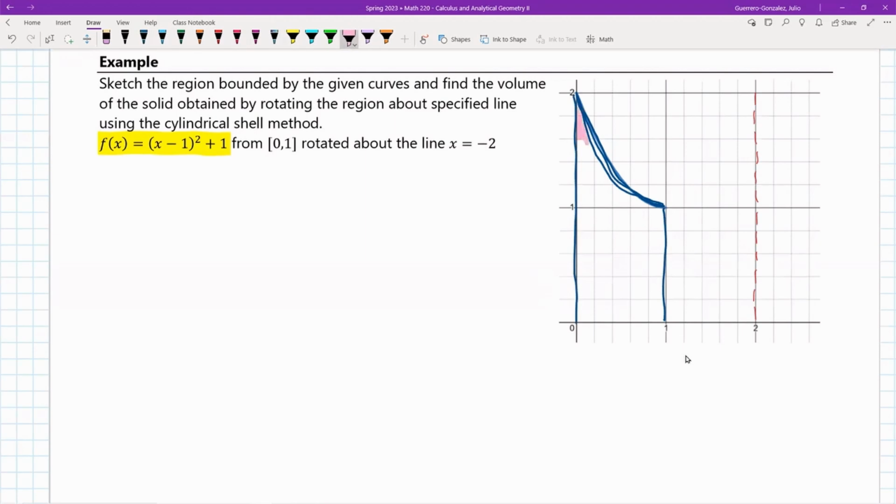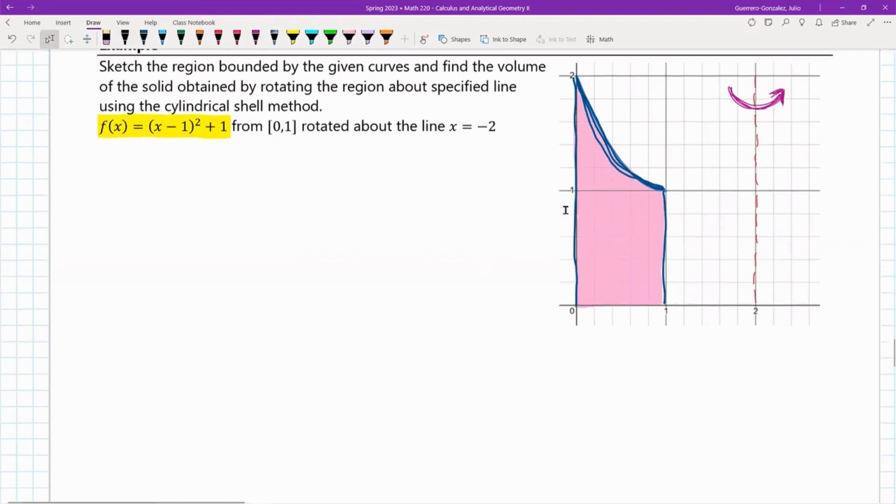This is the region that the problem is talking about. And I want to revolve this region right here about the line, I want to do this. I'm going to spin it this way.